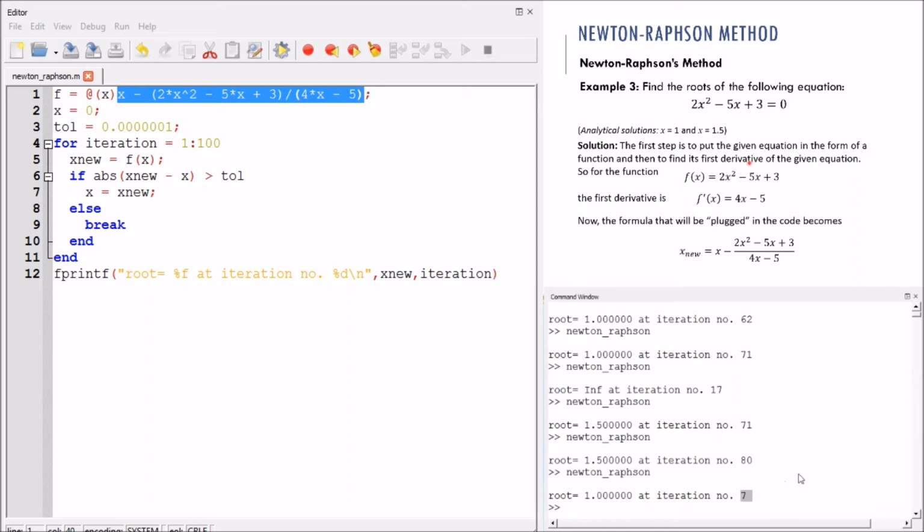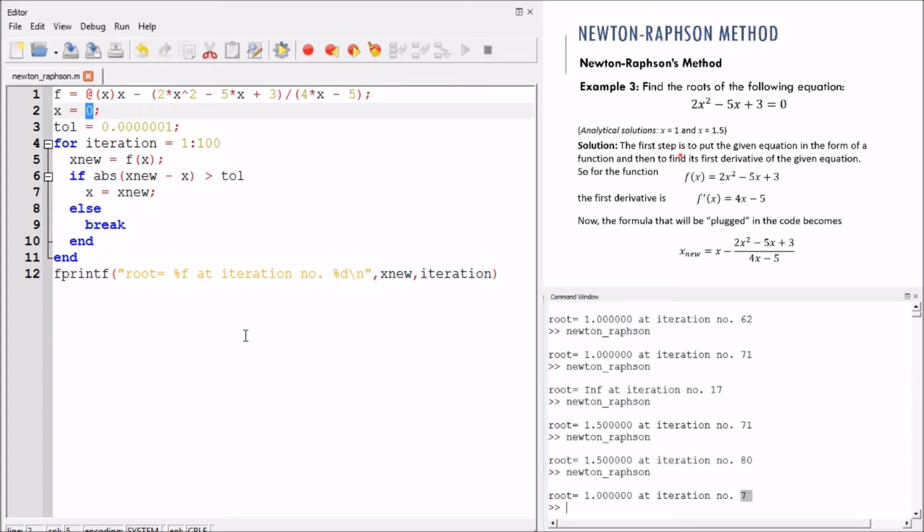So this is the meaning of efficiency, that you can get the solution at a very, very small number of iterations. Very good. Now, here we don't have another form. Newton-Raphson's method depends only on one form. So how can we get to the second root?